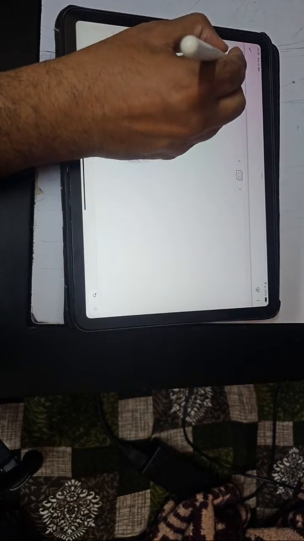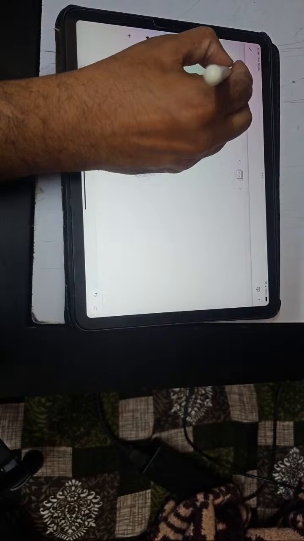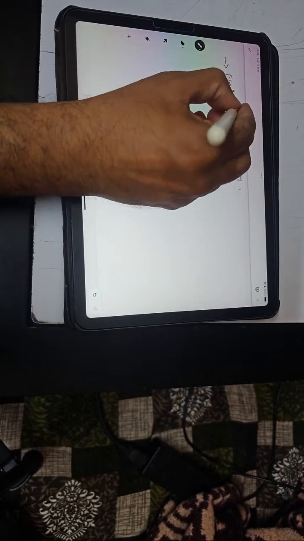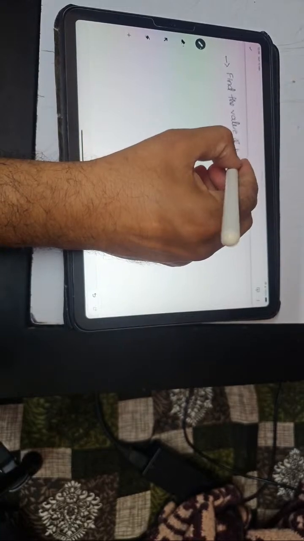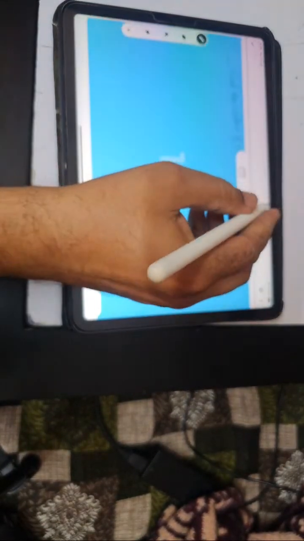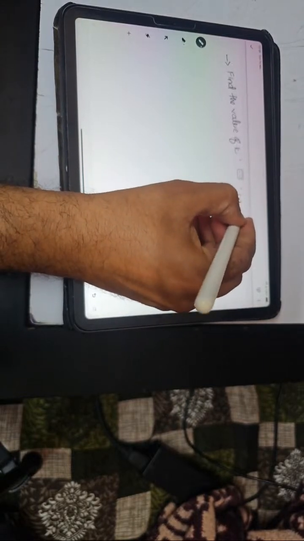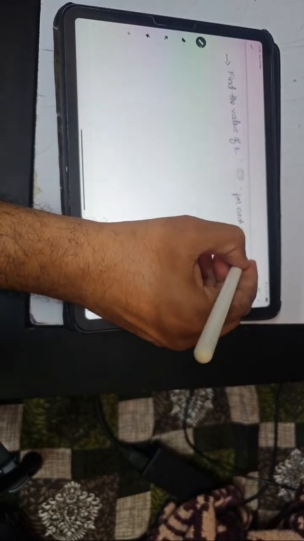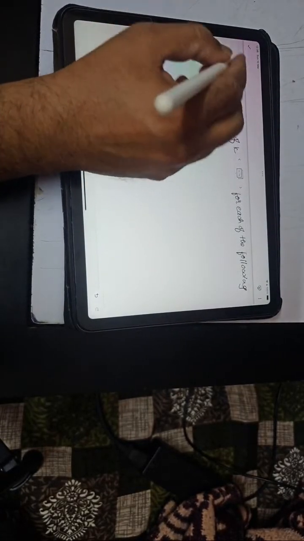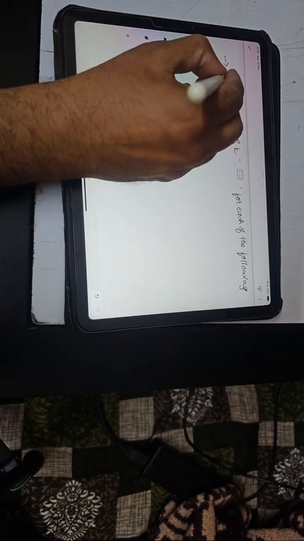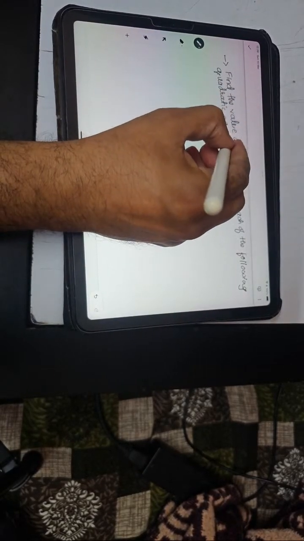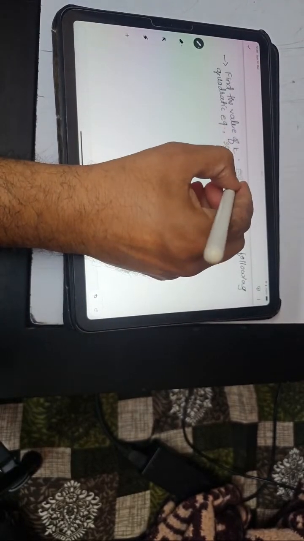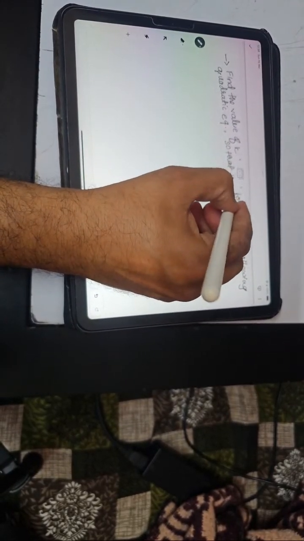So see, one common sum which he asked is find the value of k, for each of the following quadratic equations so that they have equal solution.